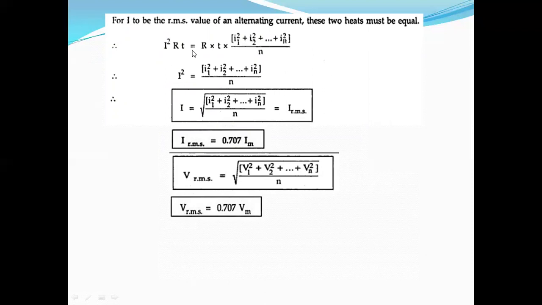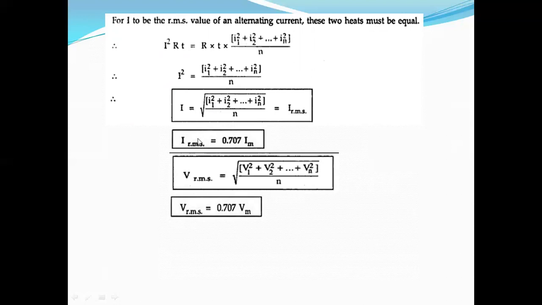So I square RT equals R into T into I1 square plus I2 square plus up to In square upon N. RT gets cancelled and you get I square equal to the sum of the squares of all the instantaneous values upon N. So I is equal to the square root of I1 square plus I2 square plus In square upon N. It is nothing but the square root of the average of the squares of the values. So it is your RMS value.